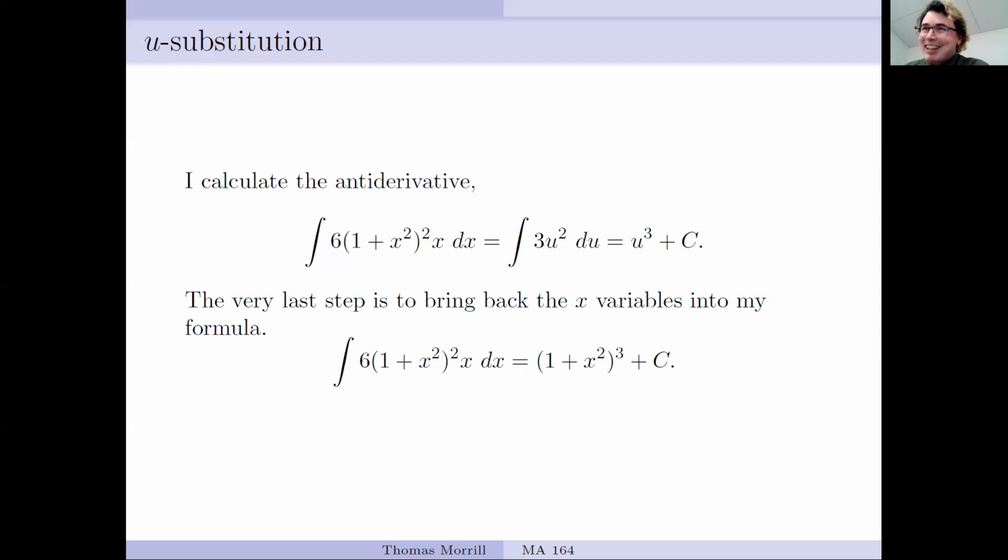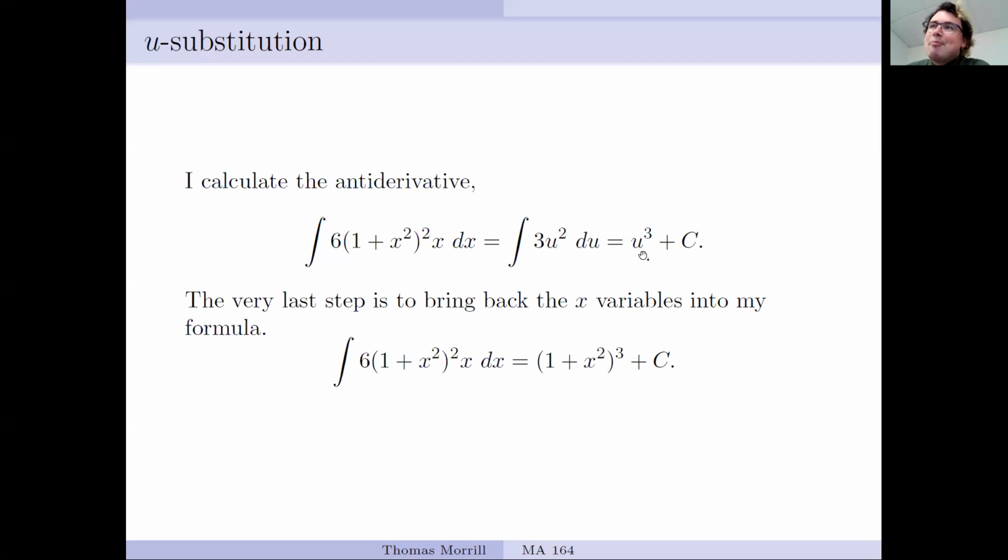Oh, right. This problem was originally posed with the variable x. So if I want a meaningful solution, my answer needs to be in terms of x as well. So my integral step is now super easy. I calculate my integral, I get my u cubed plus c, but I need to convert back into my x coordinates.